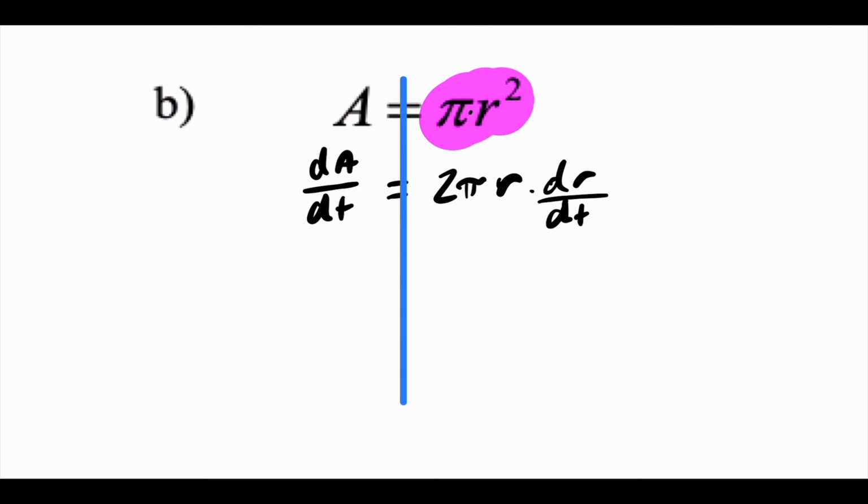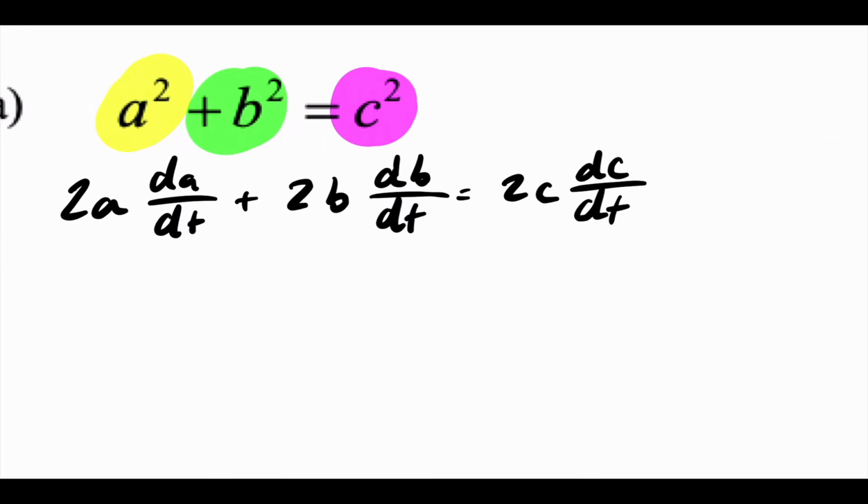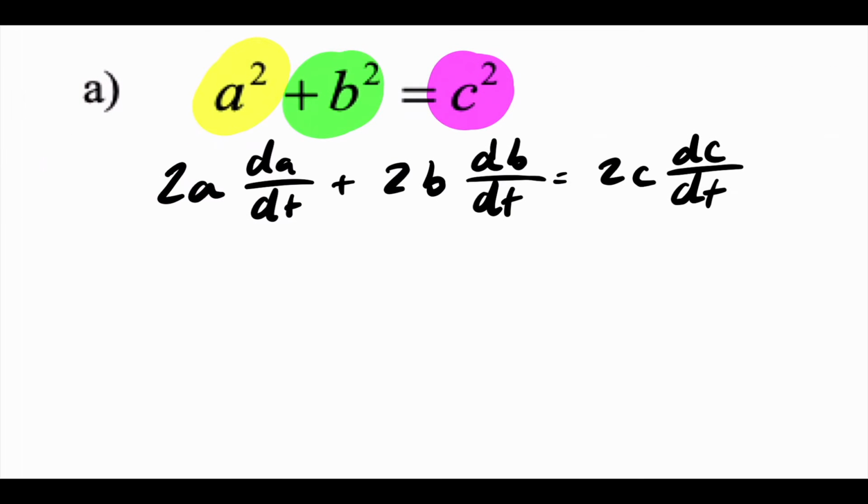So if I want to find the rate at which a circle is getting bigger or smaller, that's the formula I would use, because that's the formula for area of a circle, right? If I want to find out, what do we use the Pythagorean theorem for? We probably haven't used it in years, but what do we use it for? Actually, you might have used it last year.